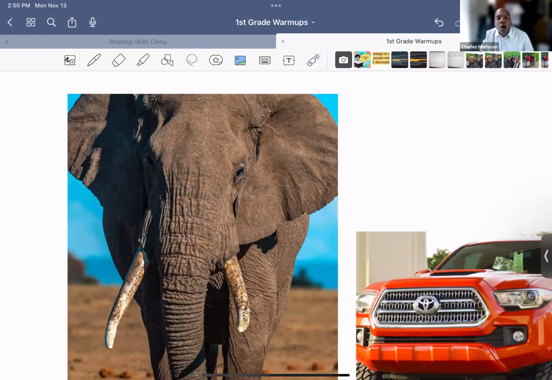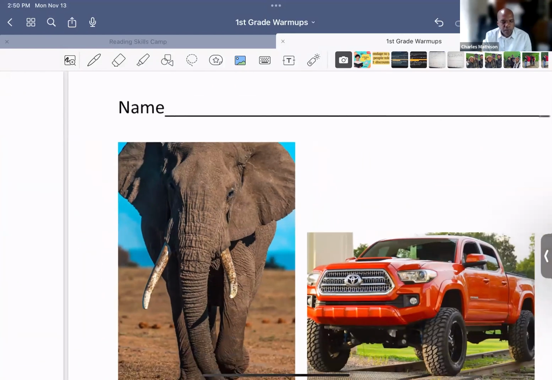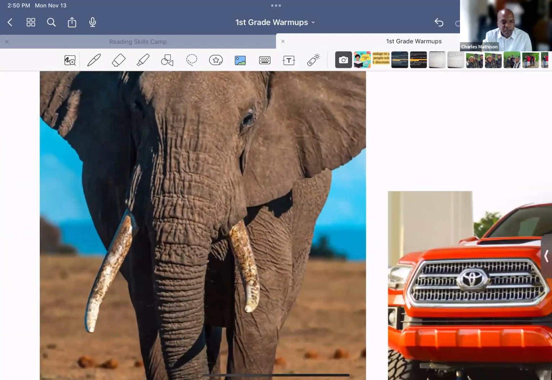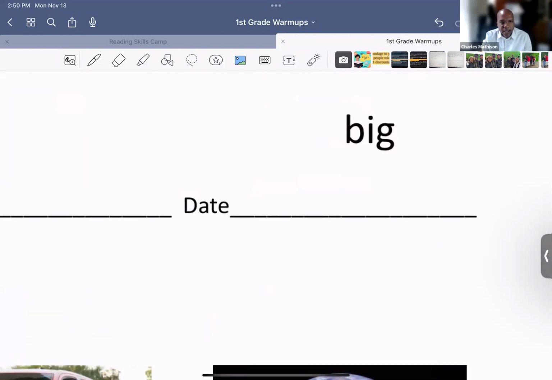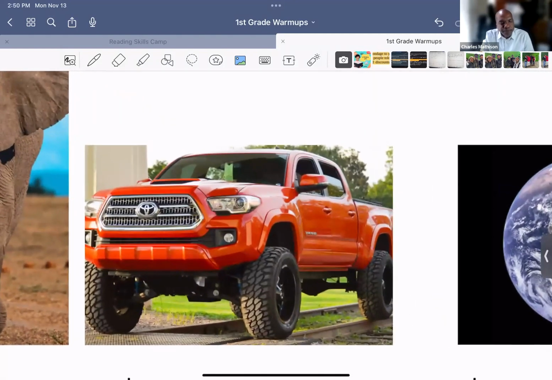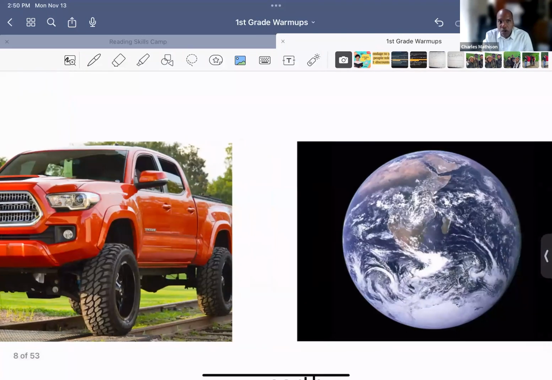When we describe, we also look at size. So the elephant size is big, which is our word for today, big. The car is also big. The earth is also very big.